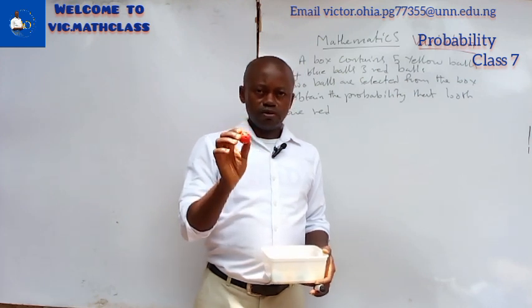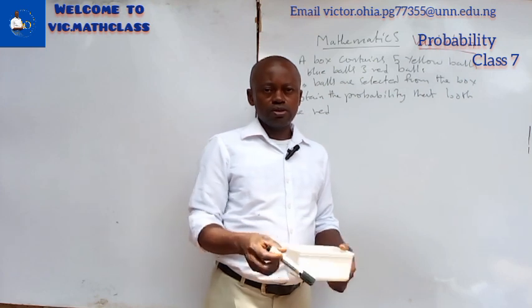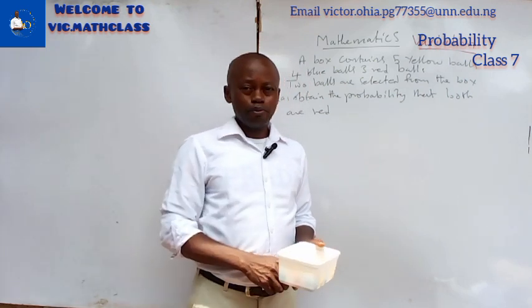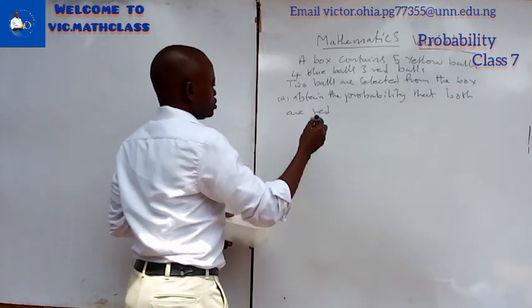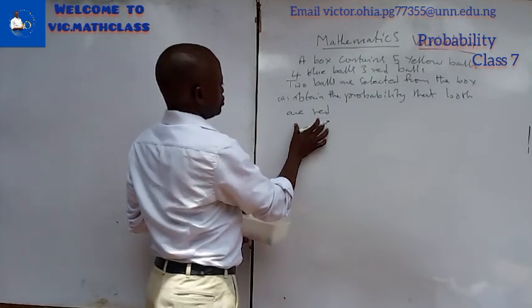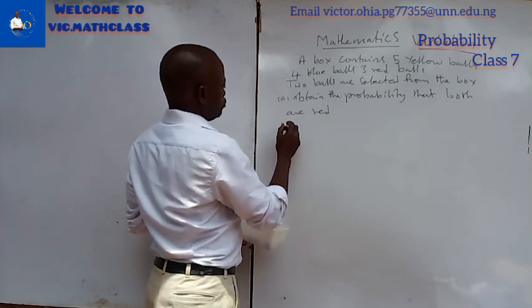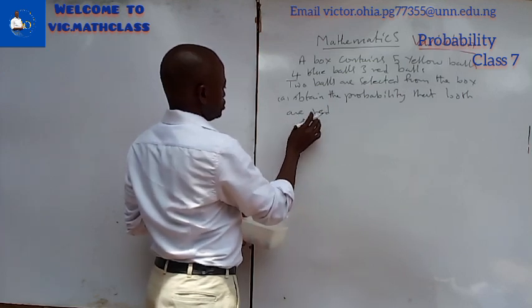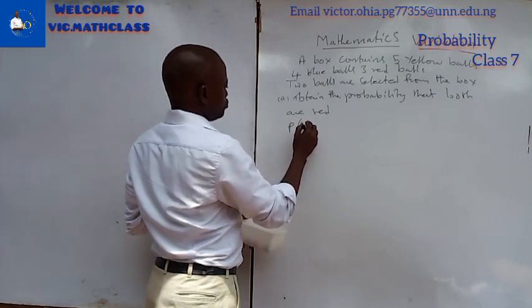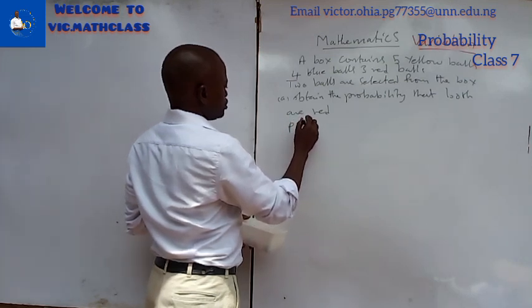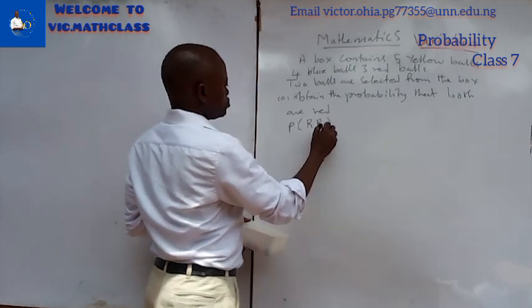What is the probability of this selection? It will be the number of red balls divided by the total sample space. So I am calculating P of both are red, that is, the first selection is red and the second selection is also red.